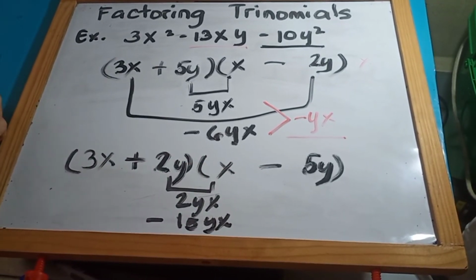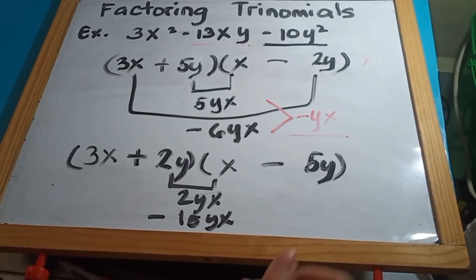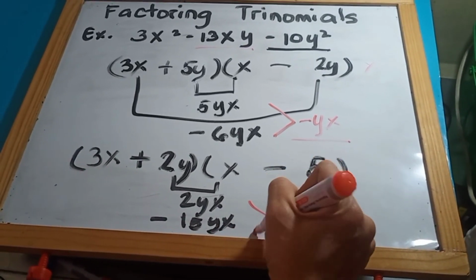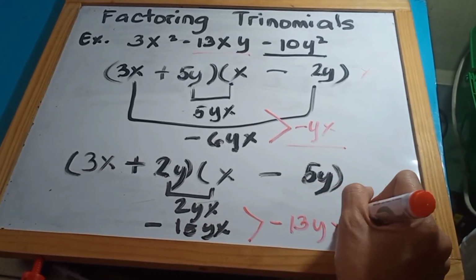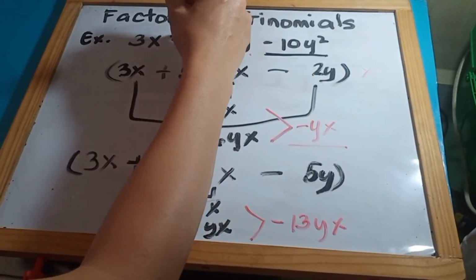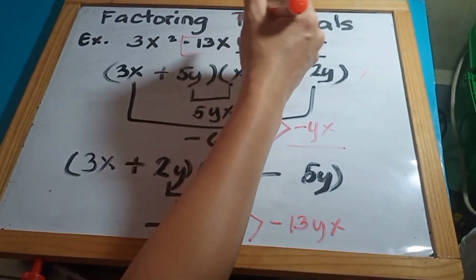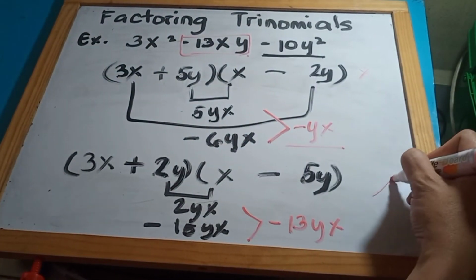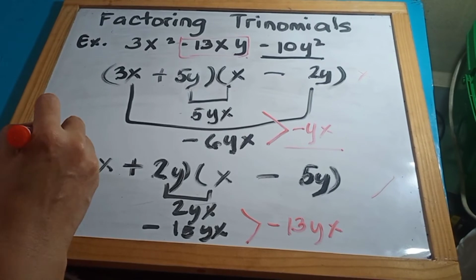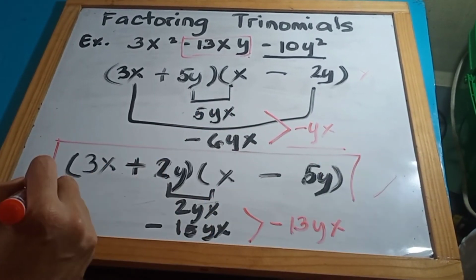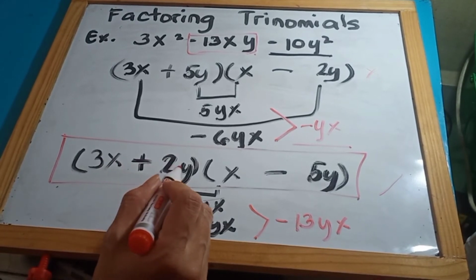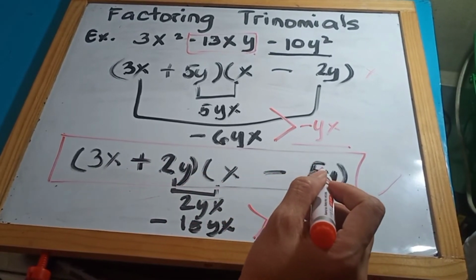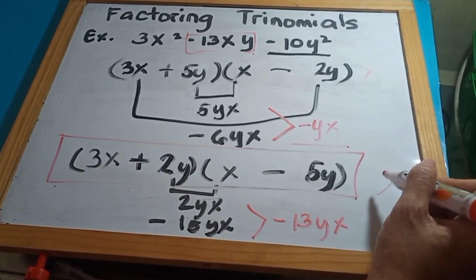So, negative 15yx and 2yx, this is now negative 13yx, which is pareho na ng ating middle term. So, therefore, ito ang kanyang correct factor. 3x plus 2y times x minus 5y.